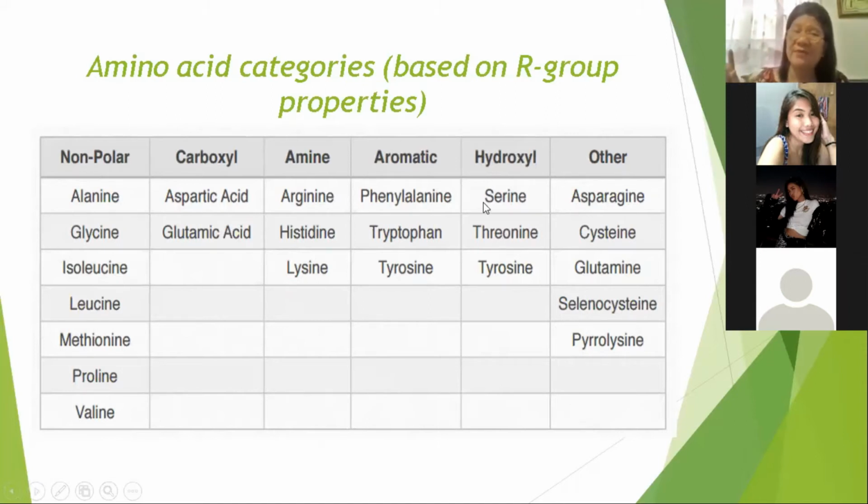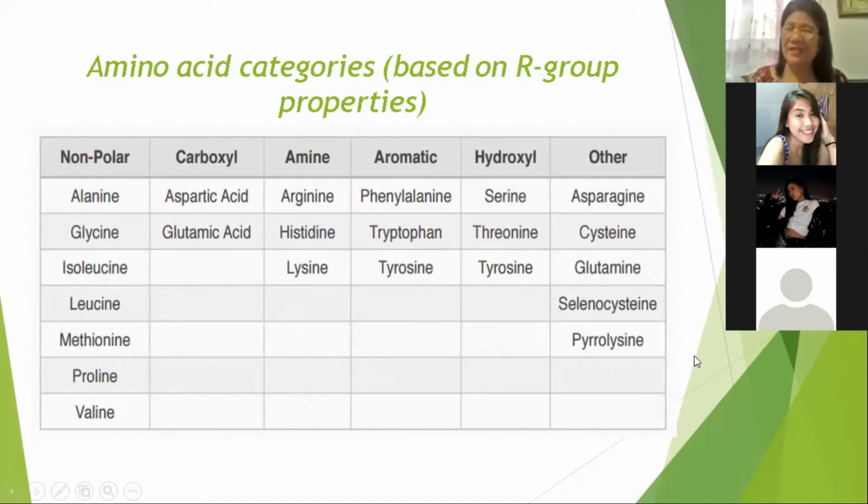That is the serine, threonine, and tyrosine. And others, meaning wala siya sa either ani nila. That is asparagine, cysteine, glutamine, selenocysteine, and pyrrolysine. Okay? So, what is the classification of amino acids? That is the non-polar, the carboxyl, the amine, the aromatic, the hydroxyl, and others.